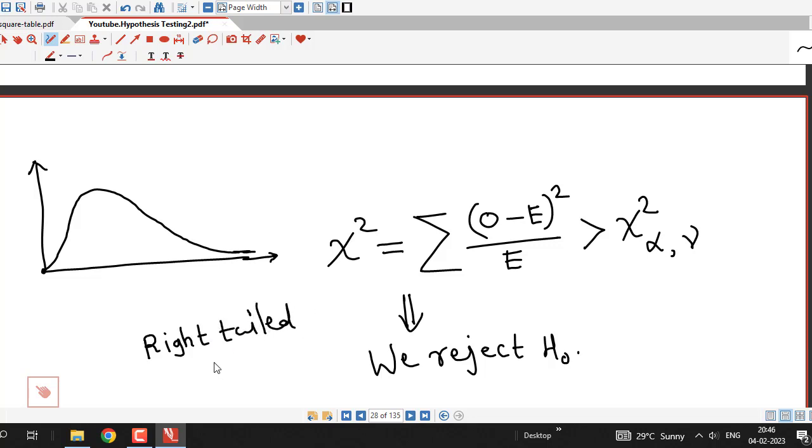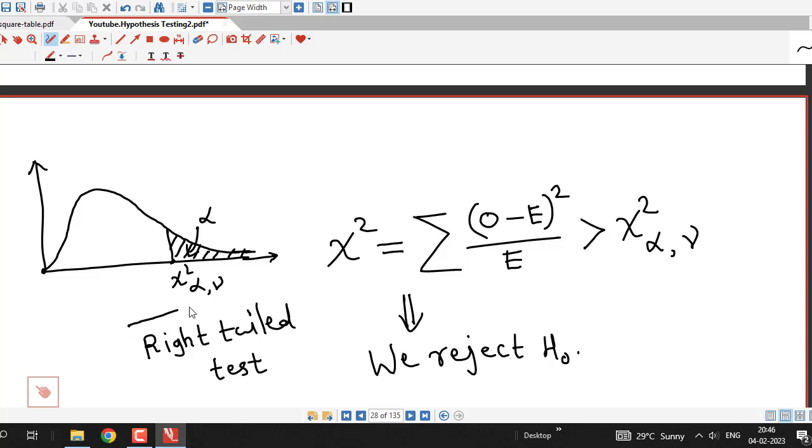The chi-square goodness of fit test is almost always right-tailed test. Therefore, this chi-square critical value is always on this side, and this area is alpha with certain degrees of freedom.